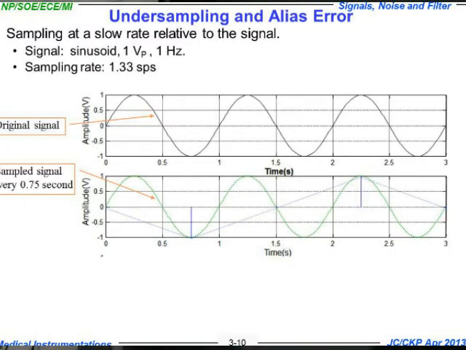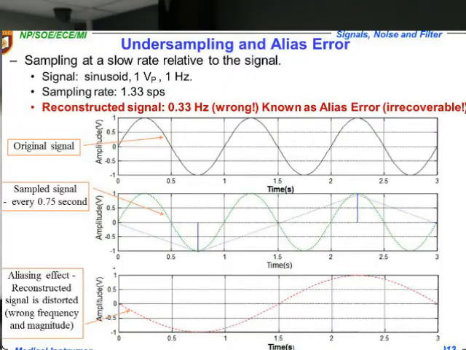So in this case, when we look at the peaks that we observe, we find that the peaks seem to imply that there is a sine wave that is much slower than it actually is. And when we pass the sample signal, which is very few, we see that the filter will approximate the waveform to be a sine wave, but the sine wave is actually of a much slower frequency than it actually is.